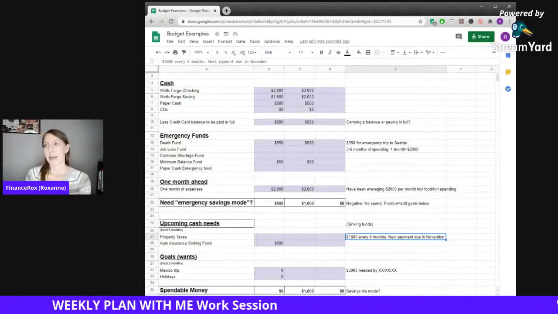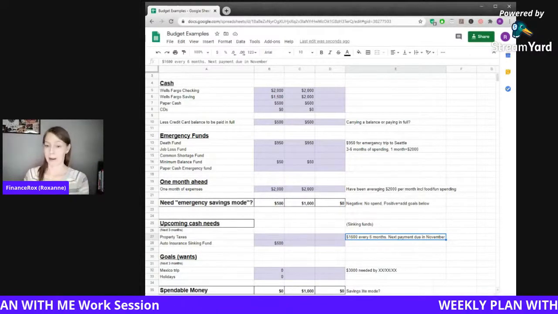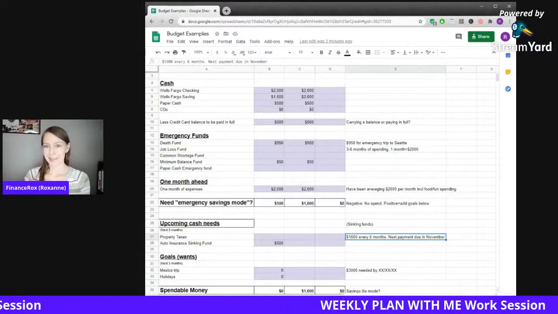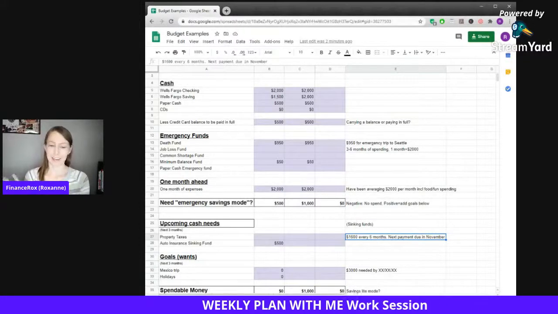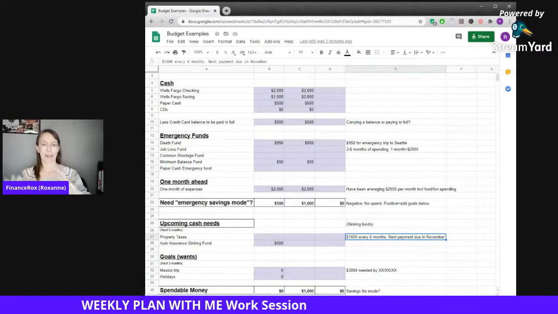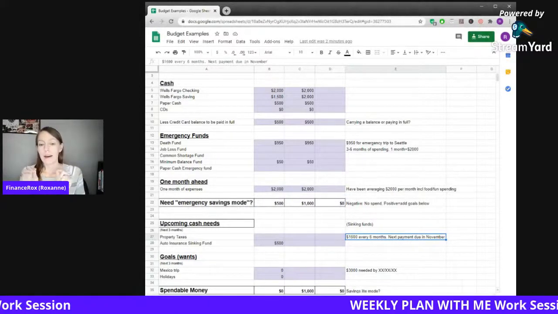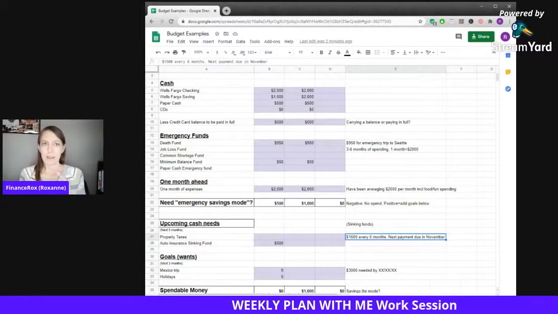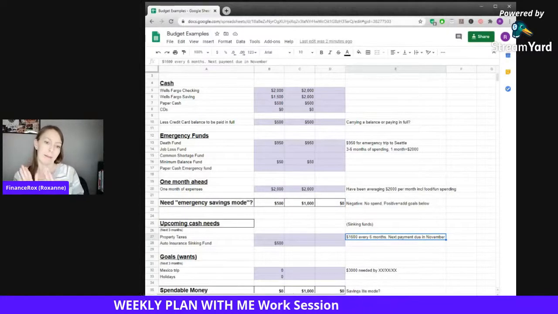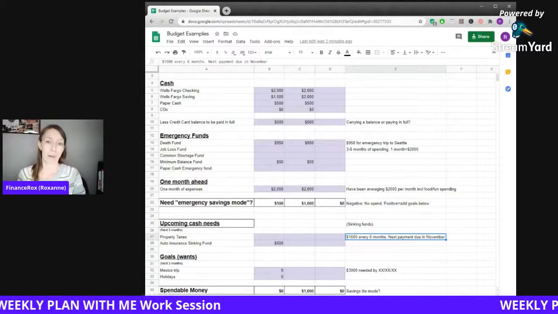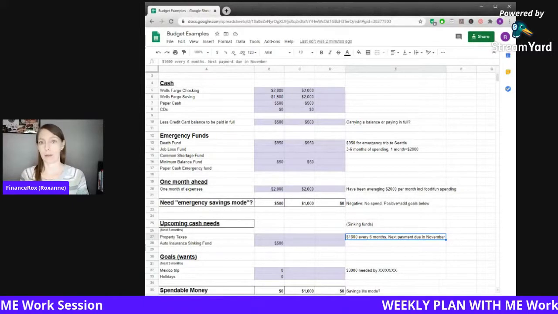Instead of saying, okay, I'm just going to have no other money this month and put $1,600 into that, you can just start setting money aside. And this is where it would go after you budget, so that you remember that money is set aside for your property taxes and it doesn't get spent on something else.